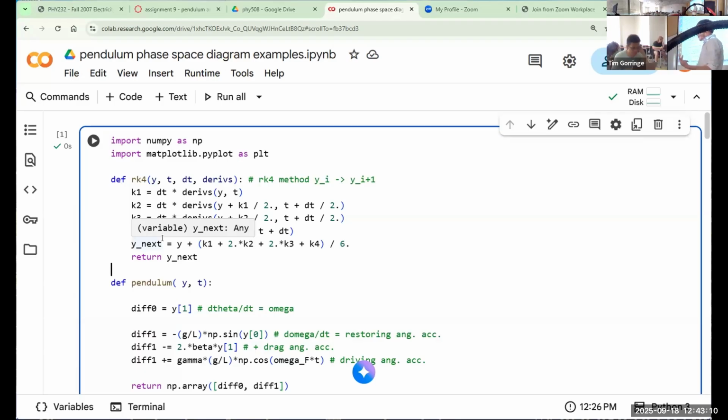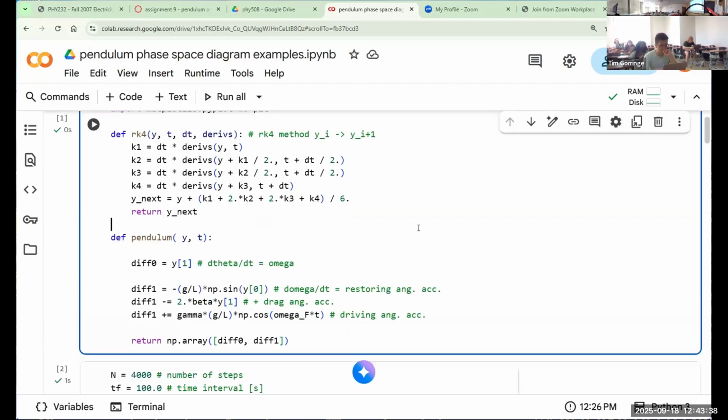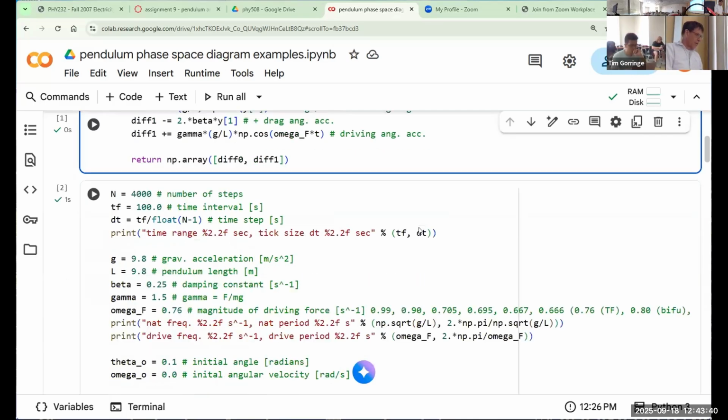One arising from a restoring force, so that's the upper one here, that contributes to changing the angular motion. One arising from the drag force, that provides an angular acceleration. And then one is the driving force. Okay. So I won't say any more about that because it's exactly the same cell as before.